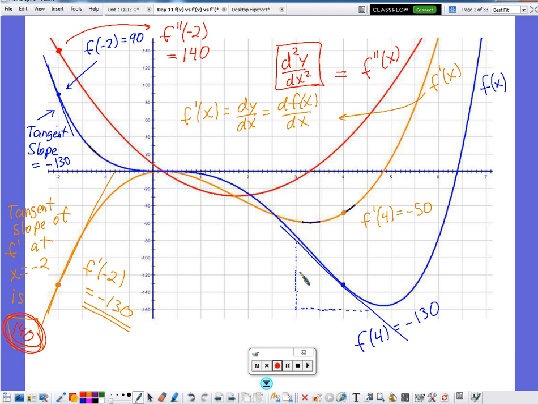So this is 20, 40, 60, 80, right? So that's 80 down. And how far is each square over? It's half, right? So this is half, 1, so about 1.5, it's about 1.6. Is that fair? Somebody take the rise, which is 80, divided by the run, which is 1.6.